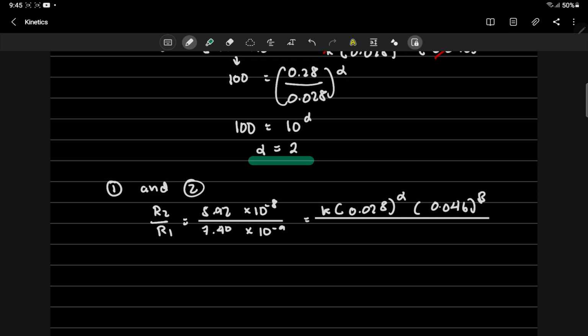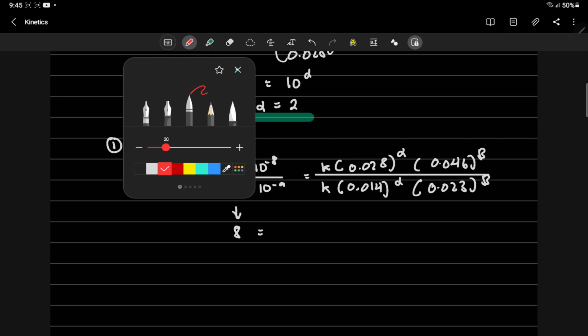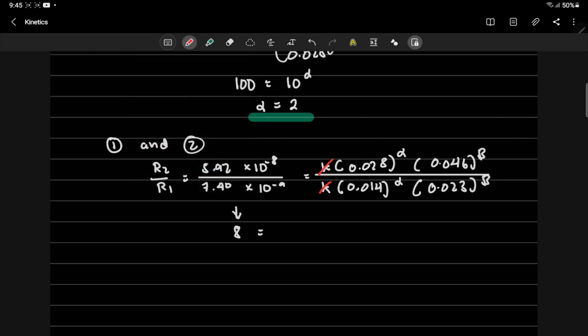And for R1, we have K. And if you look at the table, the concentration of A is 0.014 raised to alpha times 0.023. This is now the concentration of B raised to beta. So dividing these two values here, you will get 8. And we can actually cancel K. But aside from that, there's nothing else to cancel here.